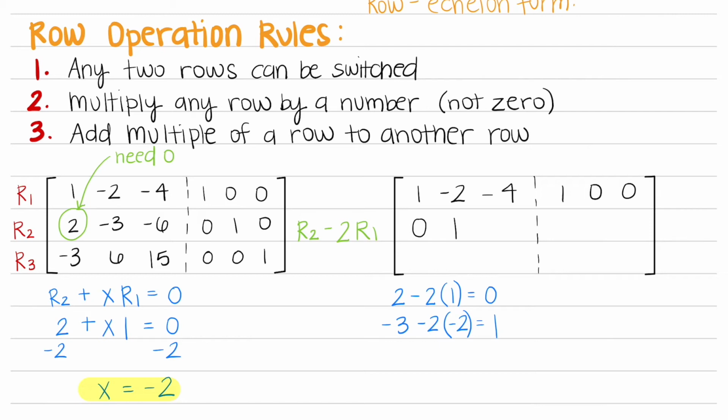Now let's move on to the third term in row 2. We write row 2, so negative 6 minus 2 times row 1, which is the term above the negative 6 in row 1, which is negative 4. So negative 6 minus 2 times negative 4 equals 2. And you keep going on the right. Now your fourth term is 0 minus 2 times your row 1 here, which is 1, so that's negative 2.